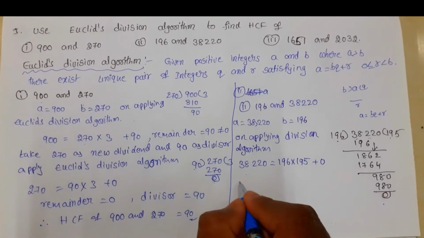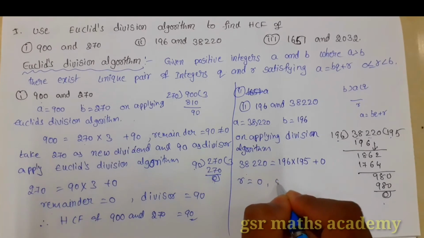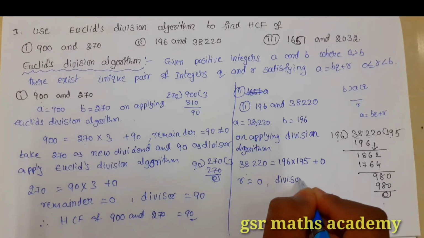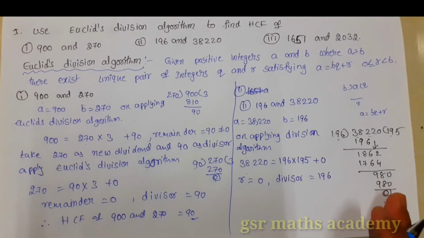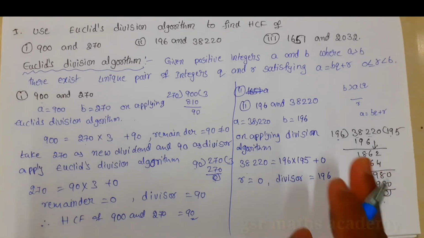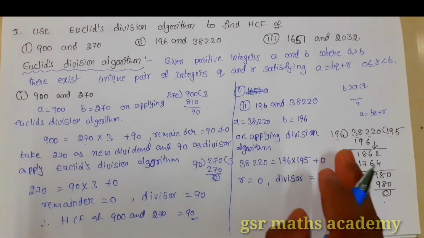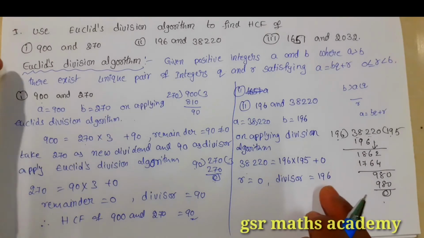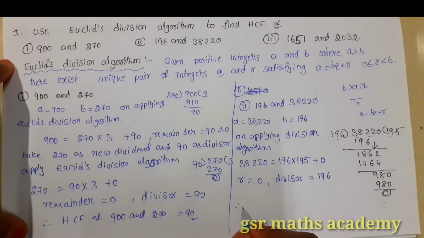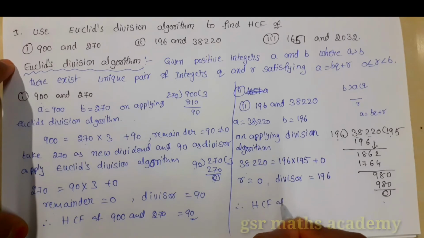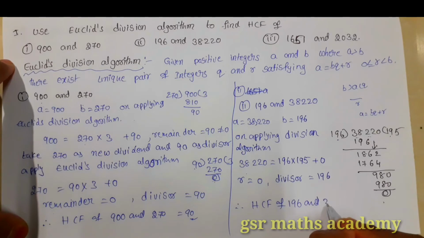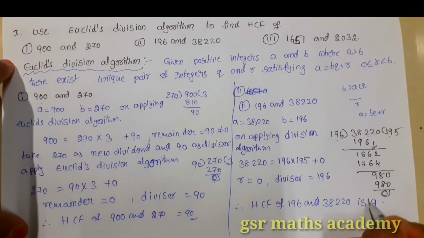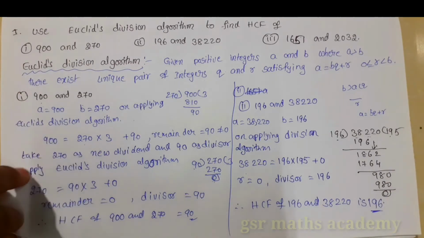In this case, what is the remainder? Remainder is 0. Divisor is 196. So, whenever we get a remainder 0 at this point of time, that divisor is the HCF. So, in this case, what is HCF? 196. Therefore, HCF of 196 and 38,220 is 196.